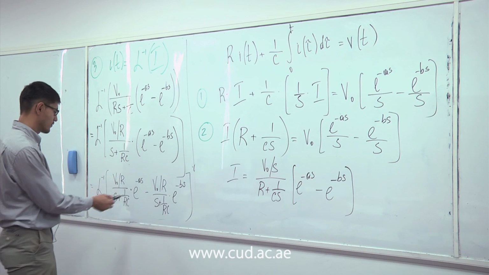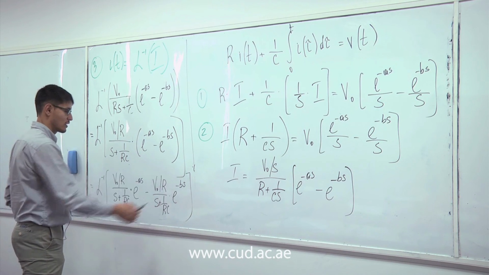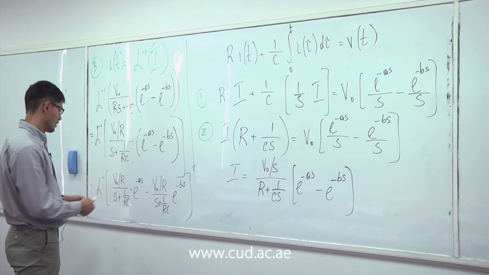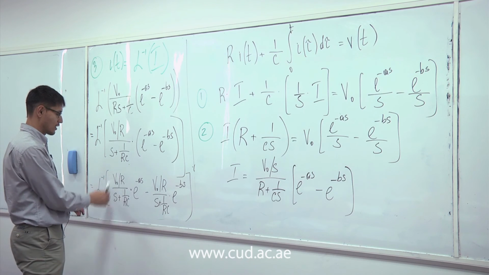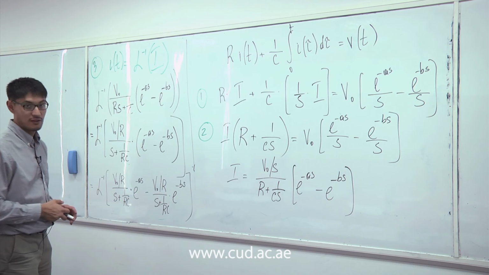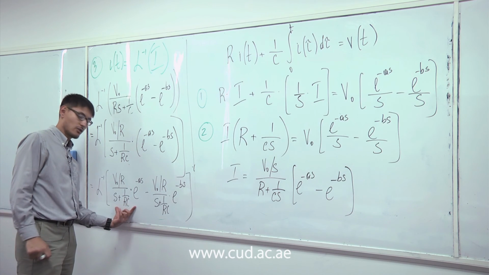Okay, so we're going to find the inverse transform of each part separately. But you see they're basically the same. So once you figure out how to take the inverse transform of this expression, the other expression will be 99% the same. So how can I find the inverse of this expression?